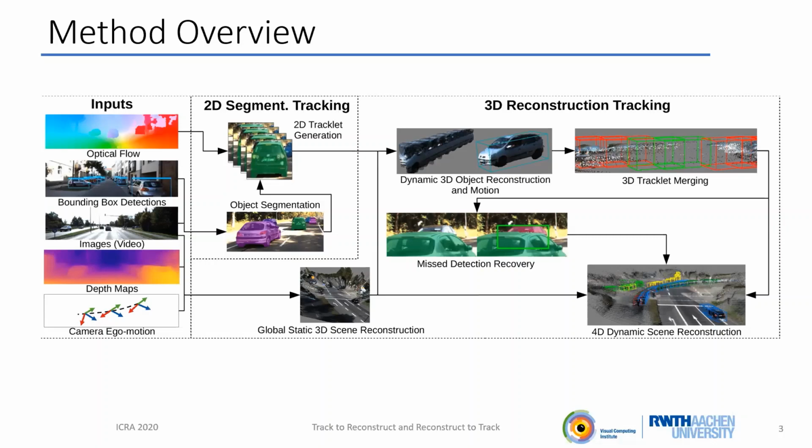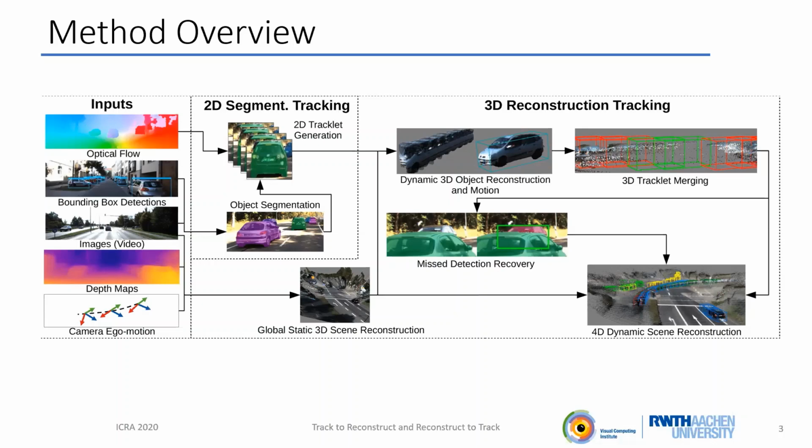In order to improve upon these results, we then perform 3D reconstruction-based tracking. We first estimate a global static 3D scene and project the pixels from every frame into 3D global coordinates. We then calculate a dynamic 3D reconstruction for each tracklet by fusing all of the 3D points from every time step into a single consistent 3D reconstruction.